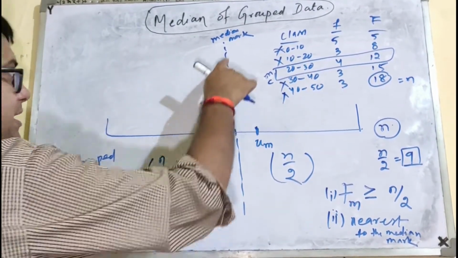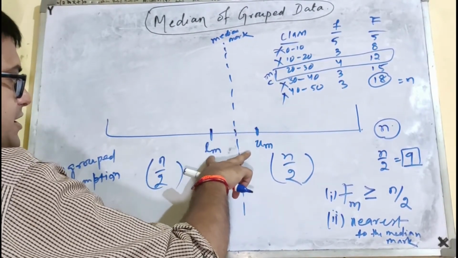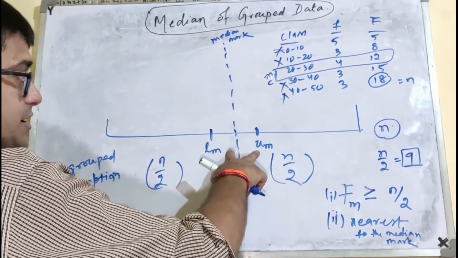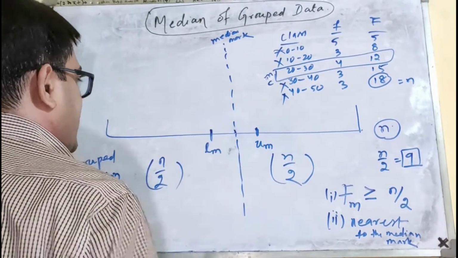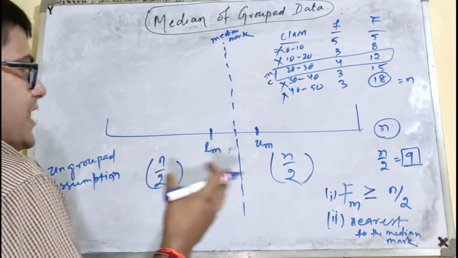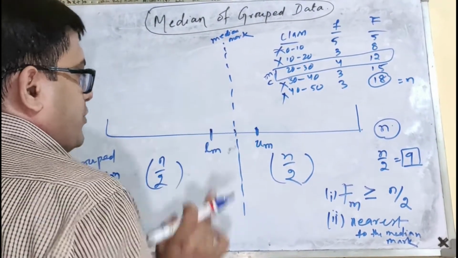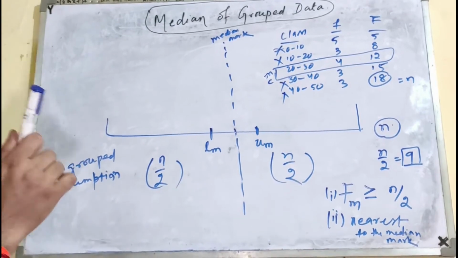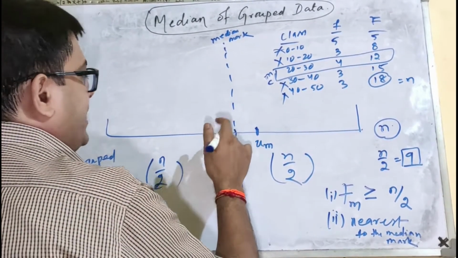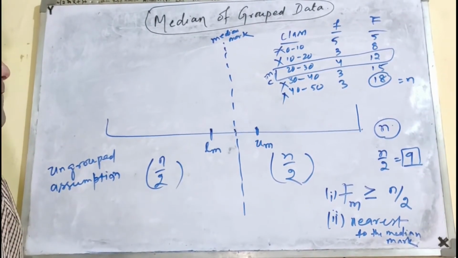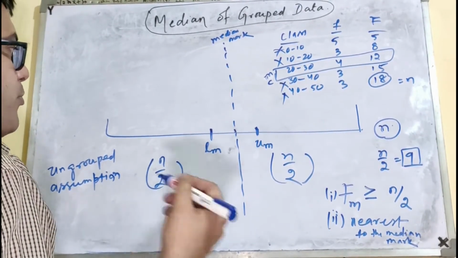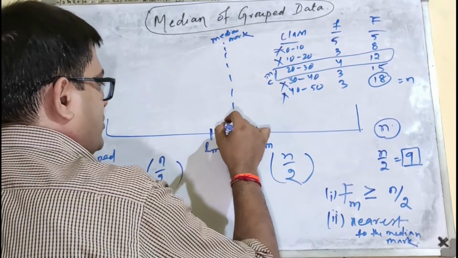However, we know that the median mark is going to be contained within the lower limit and the upper limit, but it is not always necessary that the median mark will be exactly in the middle of the median class. It could be anywhere within LM and UM. We don't know. But what we know is how many points there would be inside the median class. In the median class, we know that there are 4 points, 1, 2, 3, 4.